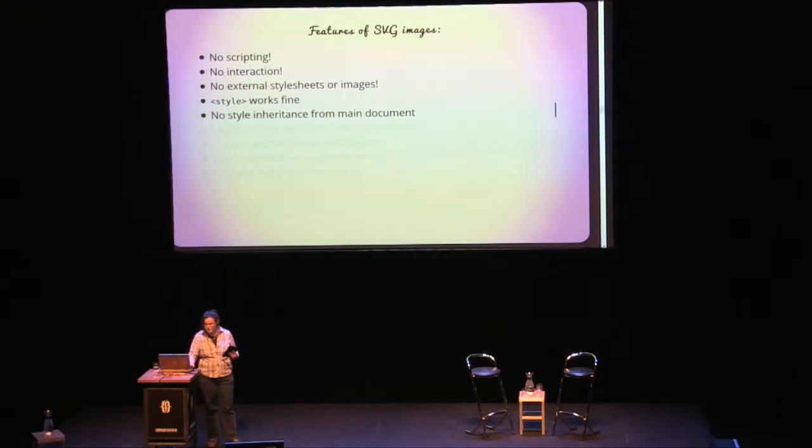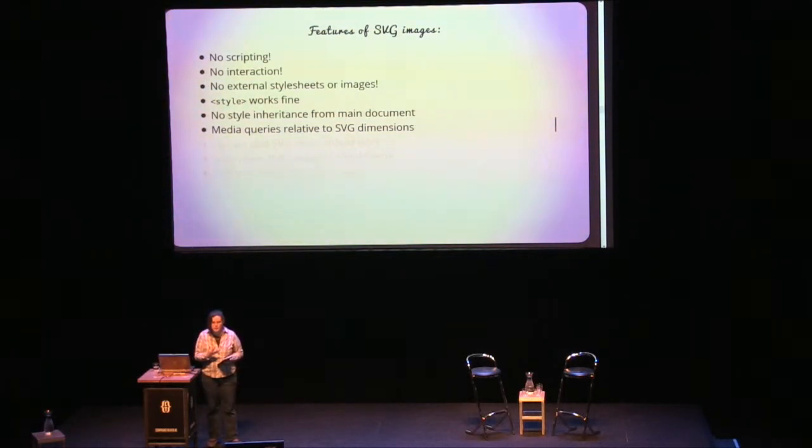They're completely separate. An important, useful thing is that when you've got an SVG in an image, if you've got media queries in that SVG file, those media queries are relative to the size of that image as it's being drawn on the web page. So you don't have to worry about how big the overall layout of the page is.